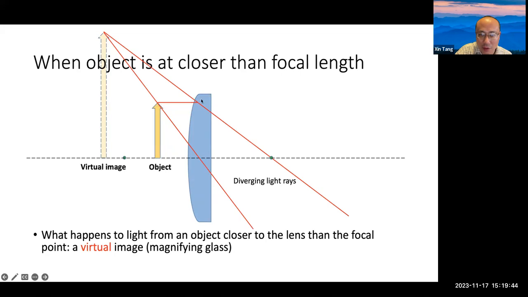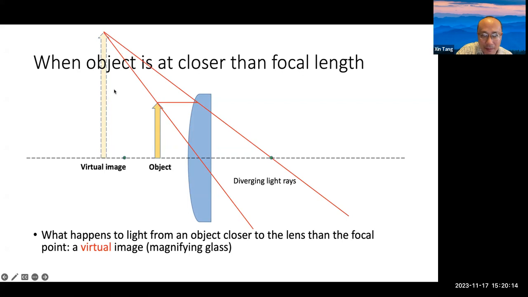In that case, if you join the 3 paths I just mentioned, you will find the light penetrating through the lens will never form any converged image anymore. Rather, they will diverge. But if you trace those diverged light reversely in the opposite direction, you will find they converge to a point that is further away from the object.